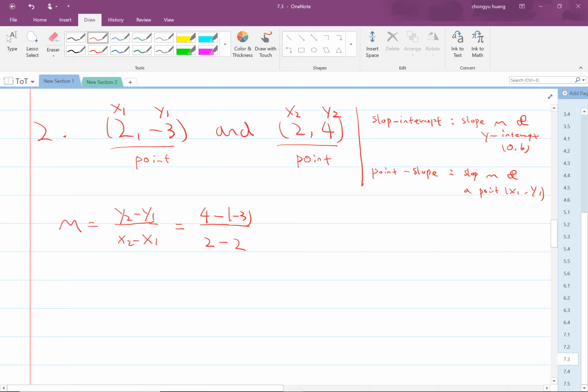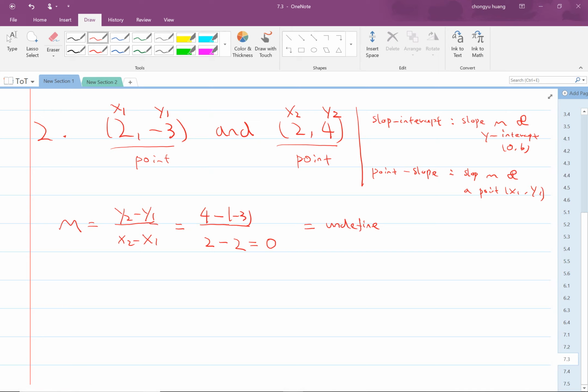So as you can see over here, the denominator is equal to 0. That means the slope is undefined, right?